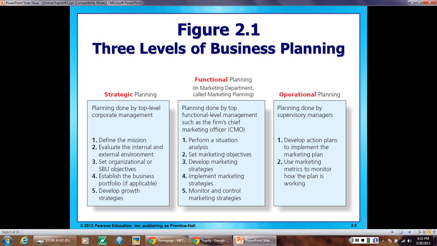So once you've done your strategic planning, then you go to that functional planning. And you can do that at your production group, you can do that at your finance organization, you can do that at operations, you can do that certainly in marketing, and that's what we're going to talk about. We will talk about how to do a marketing plan, but in this particular situation we're talking about functional planning for the marketing department.